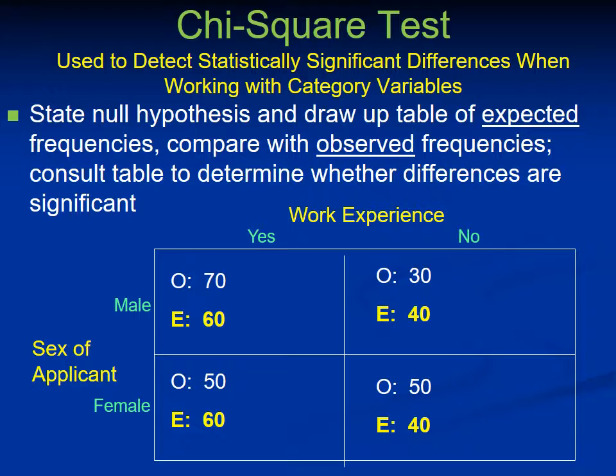So the example Roundtree has in the book involves equal samples of 100 males and 100 females and measures whether they have work experience or not, as compared to the 60% observed level of work experience in the entire sample of 200. Right? So Roundtree does the calculation and finds that the differences observed between males and females are significant at beyond the 0.01 level.